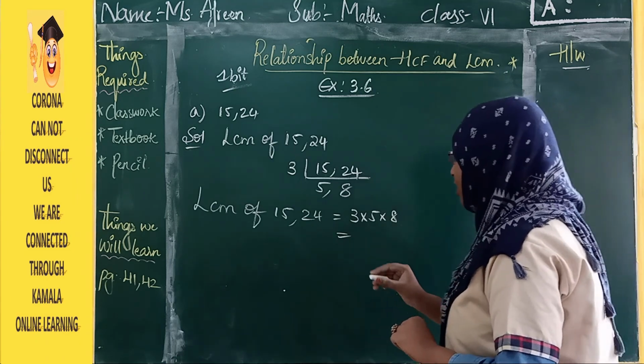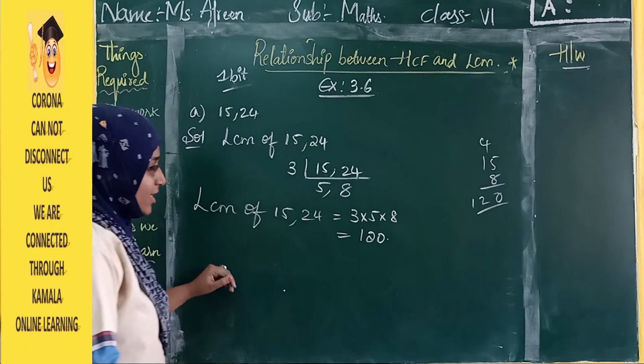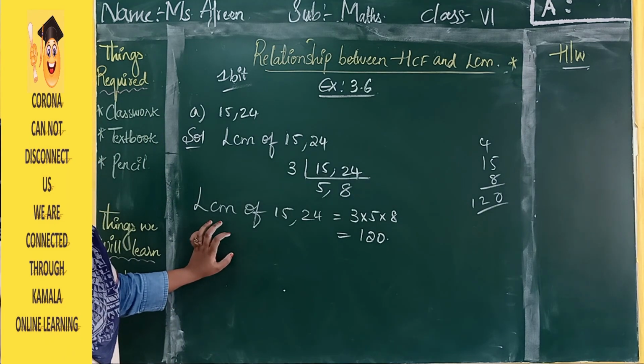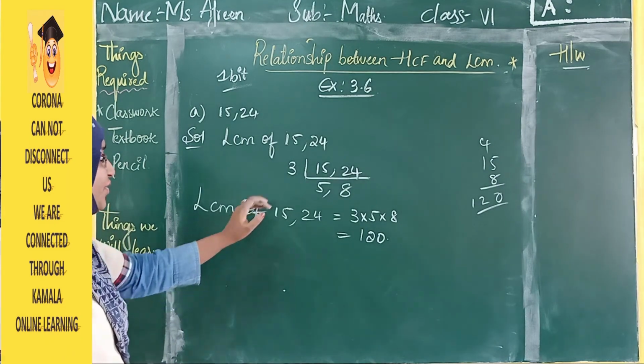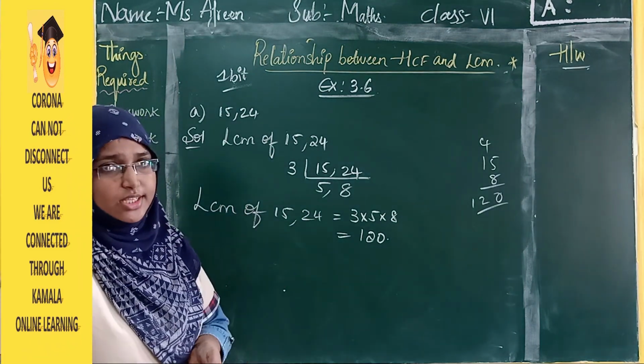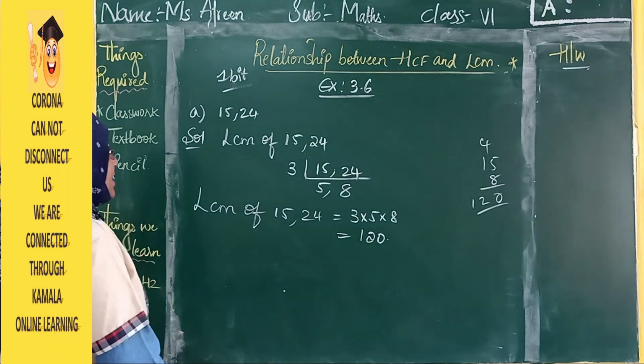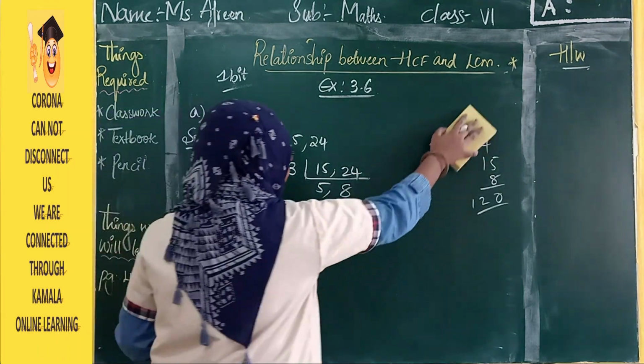It is 120. What is the answer? The LCM of 15, 24 is 120. You can even say 15 and 24 are not co-primes, because they have a common factor of 3. Okay? I hope you have written it. Let's go with the HCF.